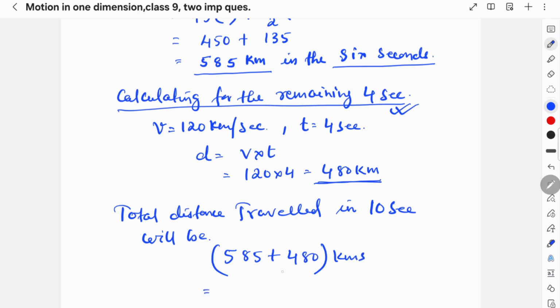So we are getting 5 plus 0 is 5, 8 plus 8 is 16, 6 carry forward 1, 5 plus 4 is 9 and 1 is 10. So in the first 10 seconds the aircraft has traveled 1065 kilometers. So this is our answer.